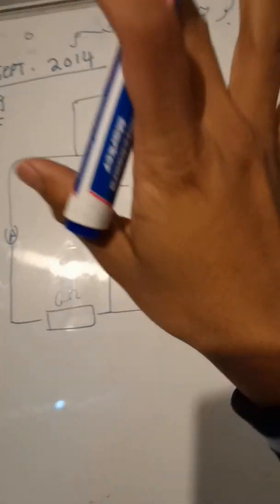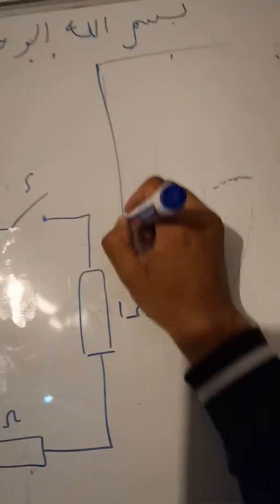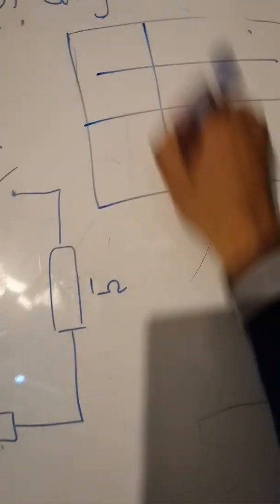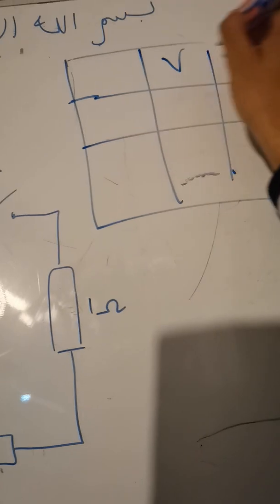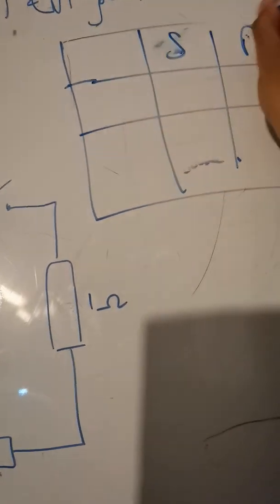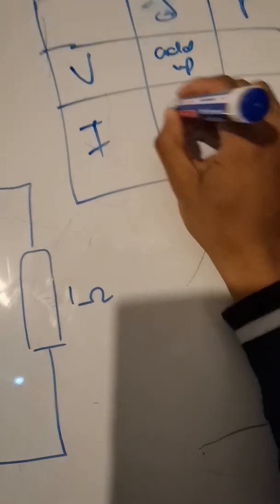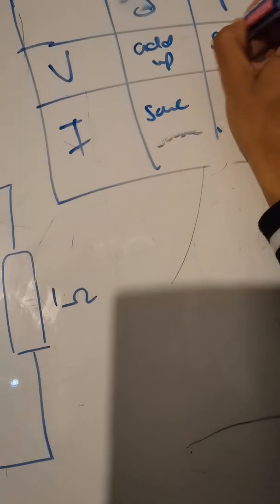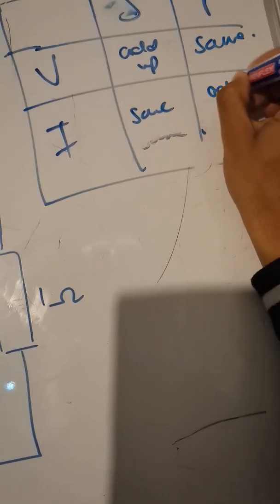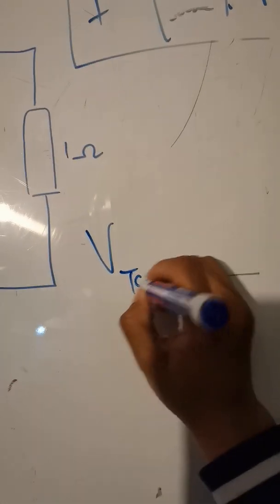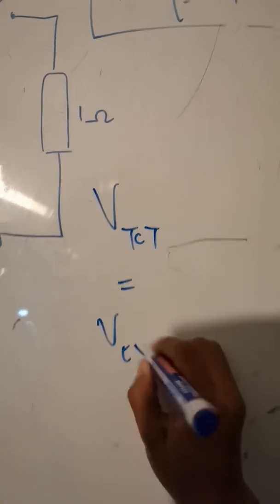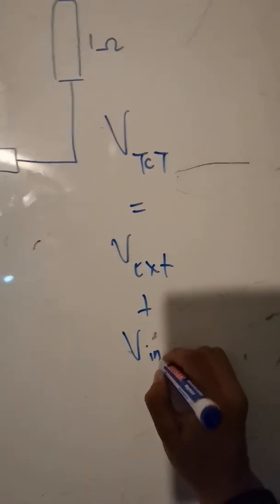Oh yes, before you go to the question, when you're doing electricity, don't forget to do your table. So we've got series and parallel circuit, voltage and current. In series, voltage adds up, current remains the same. In a parallel circuit, voltage remains the same, and the current adds up. And don't forget this: V total is equal to V external plus V internal.